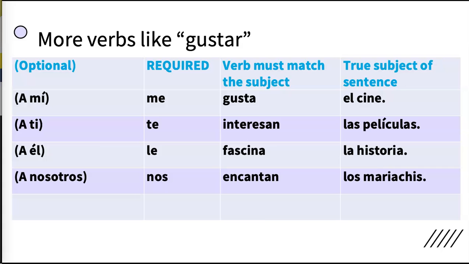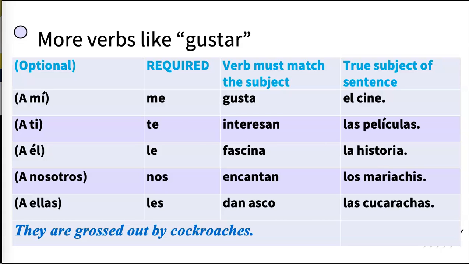And what does this sentence mean? We love mariachis. A ellas les dan asco las cucarachas. Now, the verb phrase dar asco is another verb like gustar. What does it translate to? They are grossed out by cockroaches, or they're disgusted by the cockroaches.